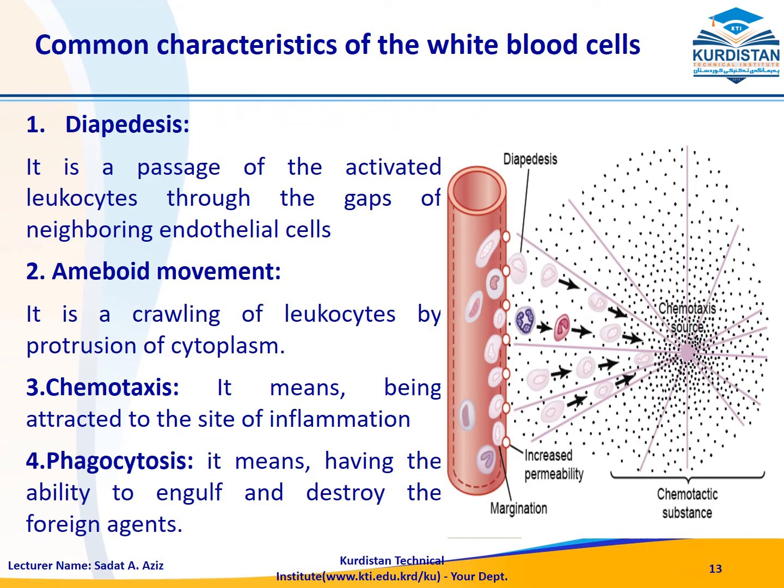White blood cells have some properties, and these properties make the white blood cells somewhat special. The first property of the white blood cells is diapedesis. Diapedesis is the passage of the activated white blood cells or leukocytes through the gaps of neighboring endothelial cells.